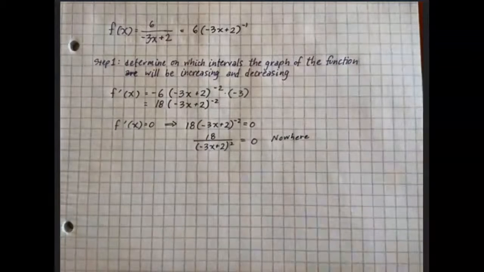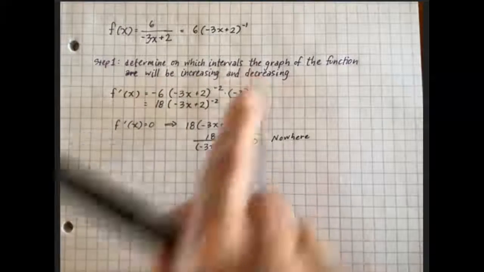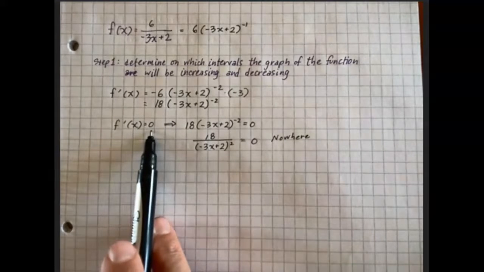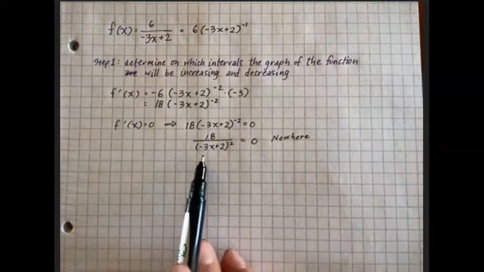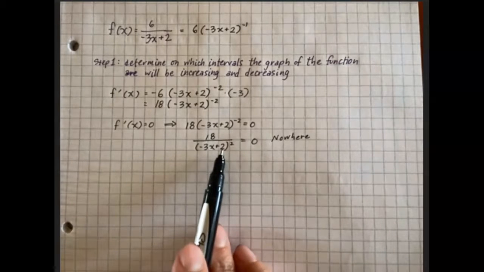But remember, another place where you find critical values, in other words, the fences, if you will, the values that separate increasing and decreasing intervals, is where the first derivative is undefined. And that could happen, right? It's going to be undefined where the denominator is equal to 0.